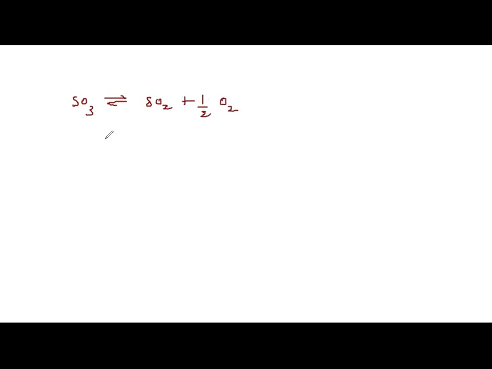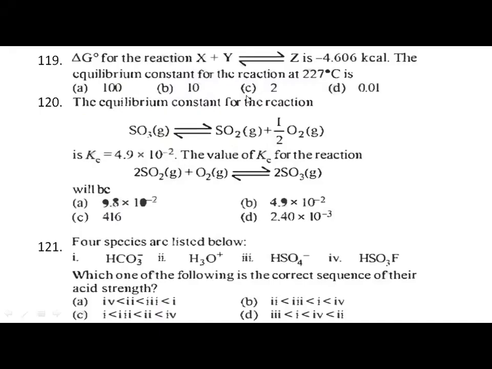Okay. Equilibrium constant is SO2 into O2 raised to half divided by SO3 concentration. And that value given is 4.9 into 10 raised to minus 2. Correct? Yes, it is 4.9 into 10 raised to minus 2. Okay, fine.